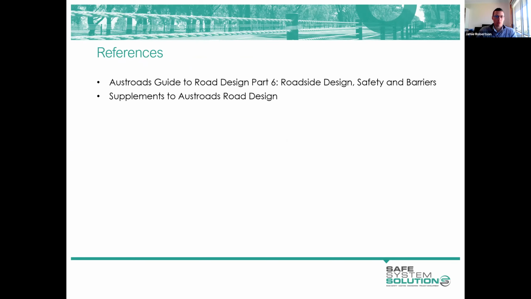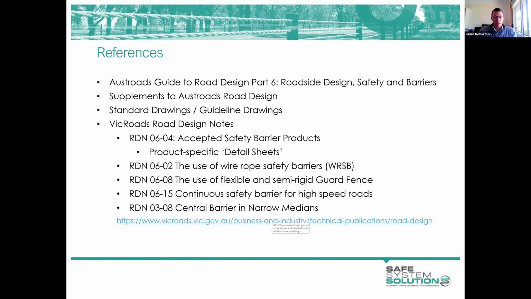The Victorian supplement's quite a lengthy document. Others are relatively short and put the onus on the designer to make more of the decisions, I suppose, in accordance with the guide. Each jurisdiction has its own set of standard drawings, sometimes referred to as guideline drawings. In Victoria in particular, there's a lot of specific guidance available.